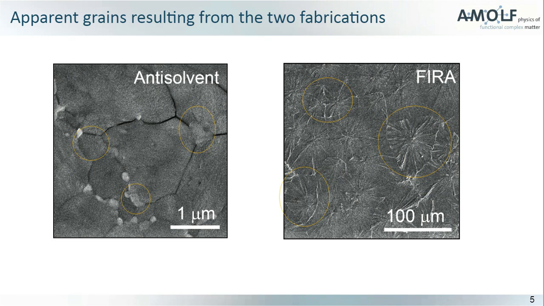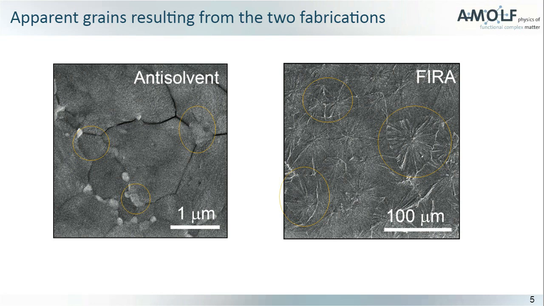The fabrication method that involves the anti-solvent is basically spin coating the precursor solution and introducing at some point during the spinning, during the deposition, the anti-solvent, which catalyzes the crystallization. And on the other hand, you have the FIRA method, which is flash infrared annealing. The idea of this method is that you just spin coat your precursor solution, so you don't use the anti-solvent, and then you apply a short infrared pulse of light to induce the crystallization.